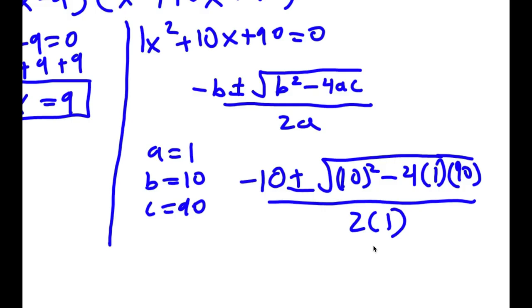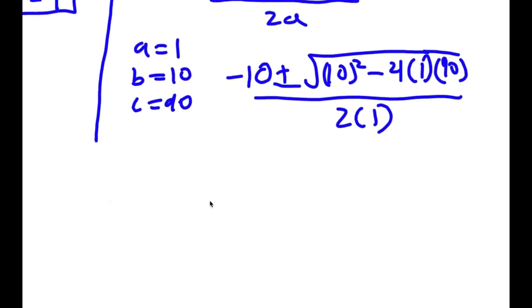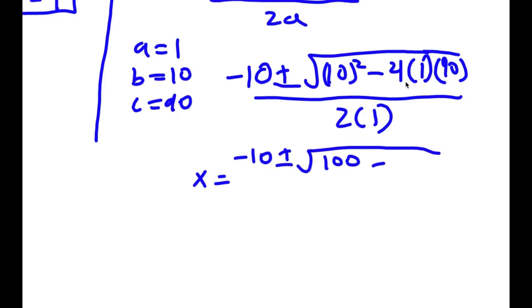Now, if I simplify this a little more, I get negative 10 plus or minus the square root of 10 squared is 100, minus 4 times 1 is 4, 4 times 90 is 360, all divided by 2 times 1 is just 2.